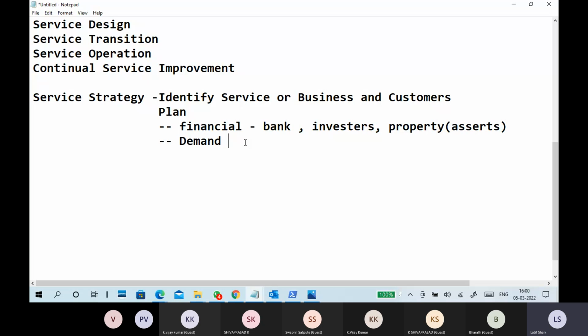So depending upon the demand, you have to understand the demand, and based on the demand you have to plan your business. So the whole service strategy is to identify the service, business, customers, financial situations, and demand. A very important point in this is also planning.